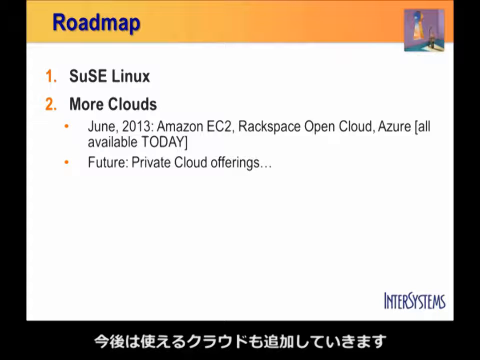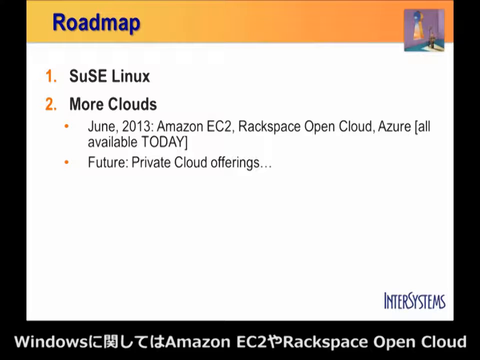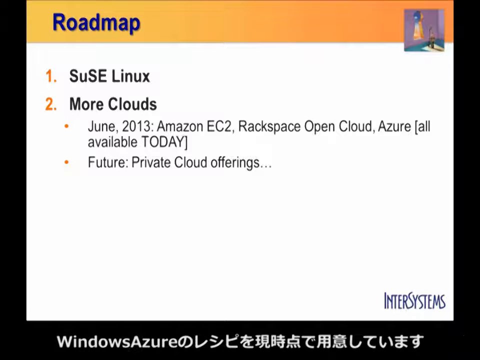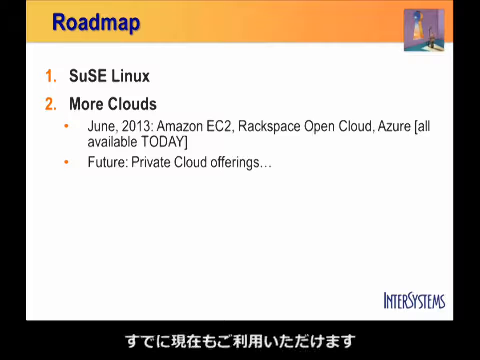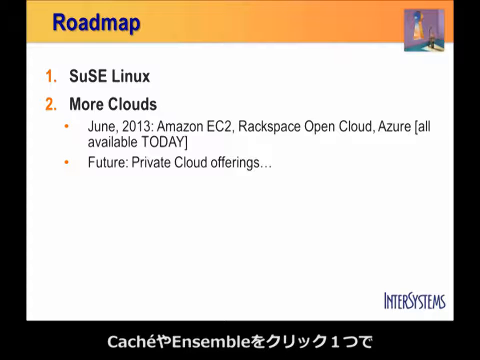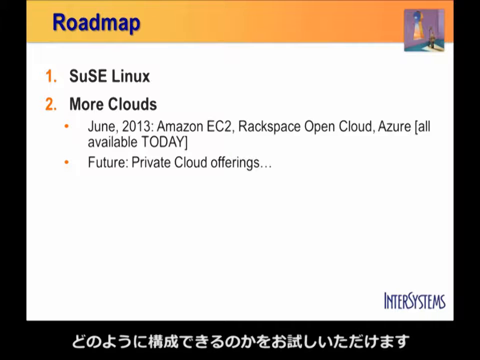We're going to be adding on more clouds. So as of this month, we have these recipes available for Windows on Amazon EC2, on Rackspace Open Cloud, and on Windows Azure. They're all available today, okay? So you can go out and try this, and you can play around with it and see how you can launch Cache or Ensemble, configure it very quickly with a single click.